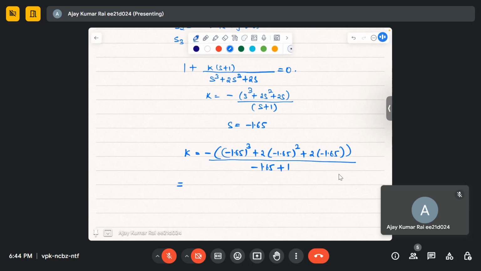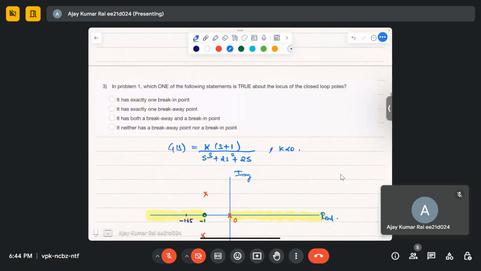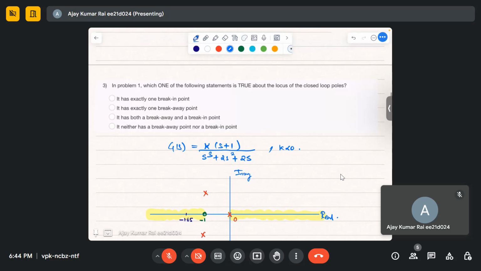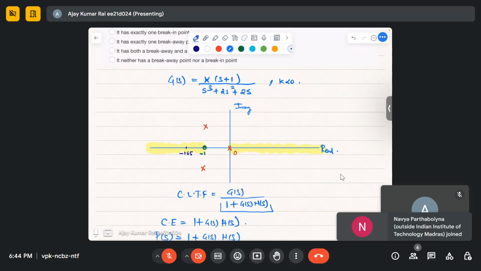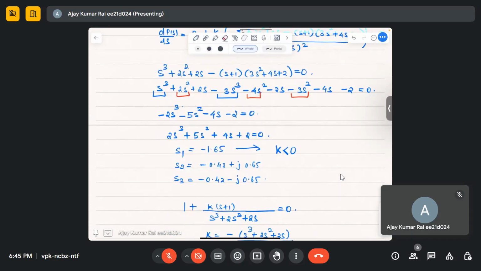What should be the sign of k? So what is the value of k?